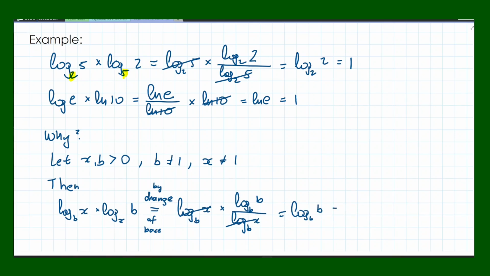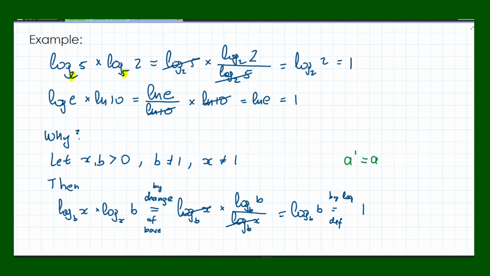But now, by the definition of the log, I can replace log_b b by 1. Again, why? Remember, any number raised to the first exponent power is always equal to the number itself. And what are logs? Logs are powers.